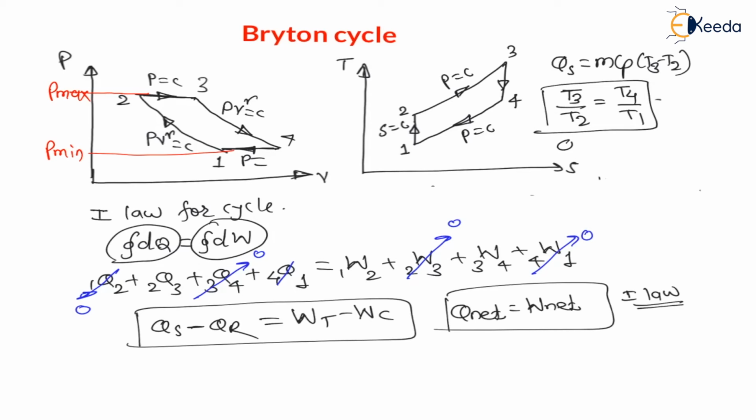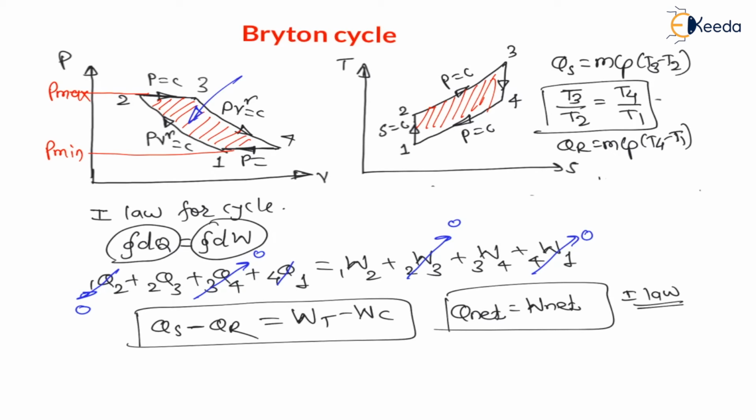And we have seen that heat rejected during the cycle is nothing but 4 to 1, that is mCp (T4 minus T1). So my dear students, the cyclic integral of heat or cyclic integral of work is nothing but the area of the diagram.